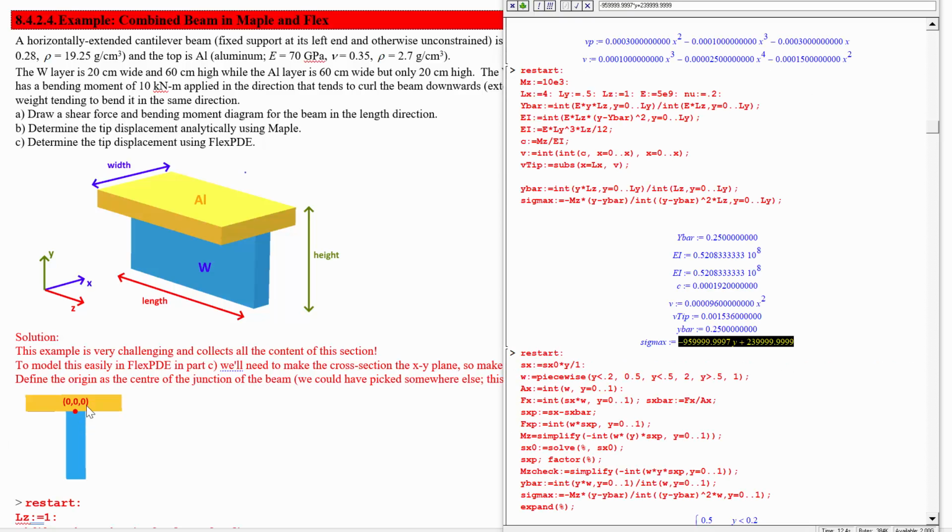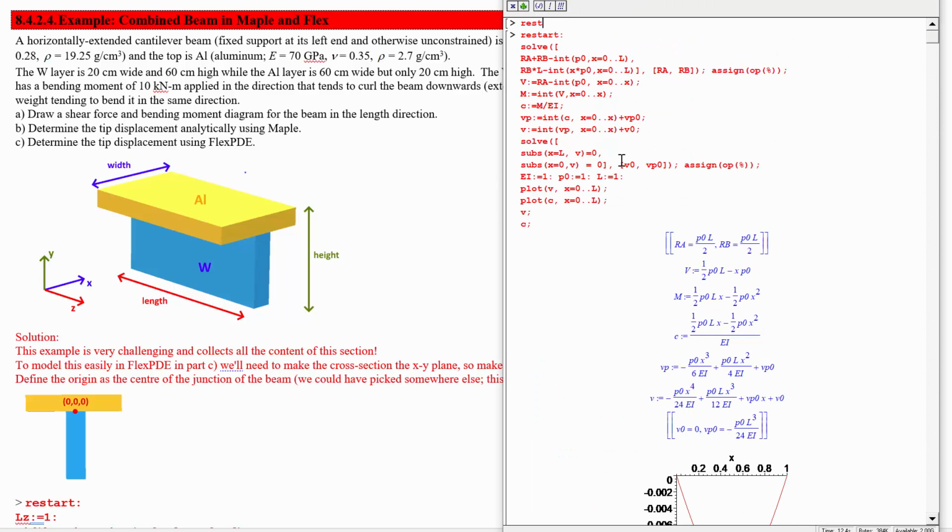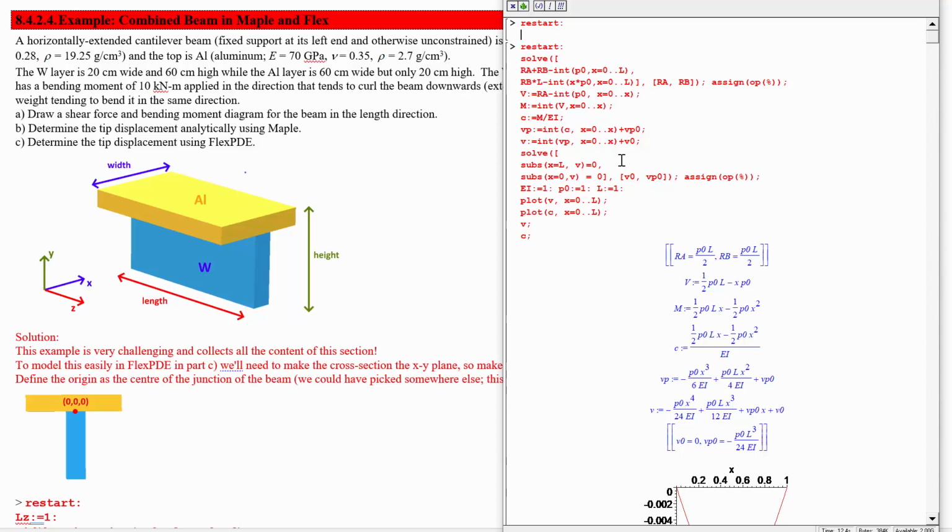Now we're going to put the origin in the center, and the first thing we're going to do is go and define the material parameters. So we'll use piecewise functions to specify all of these, and they're just going to depend on what the L value is. So E is equal to piecewise.